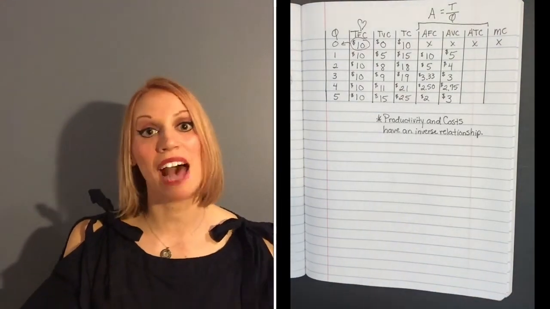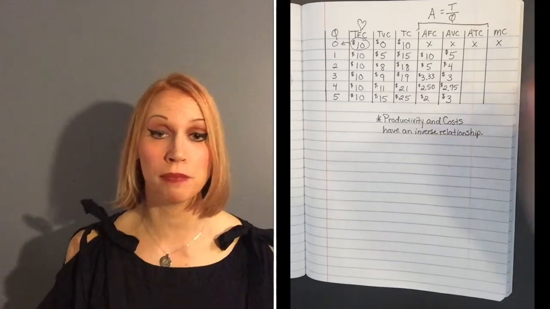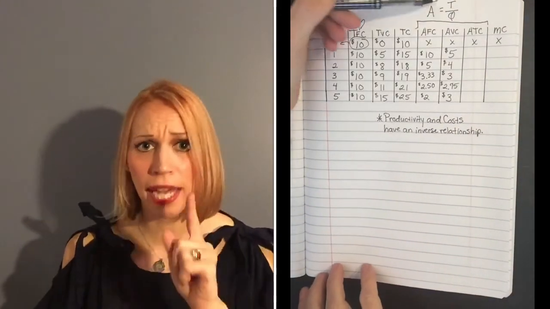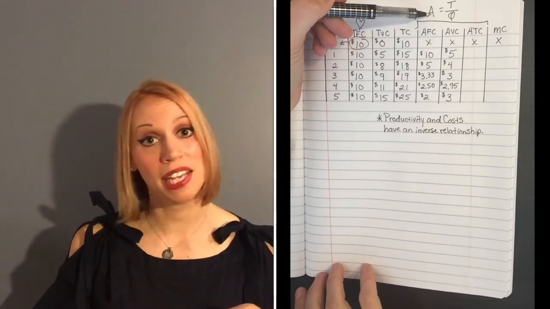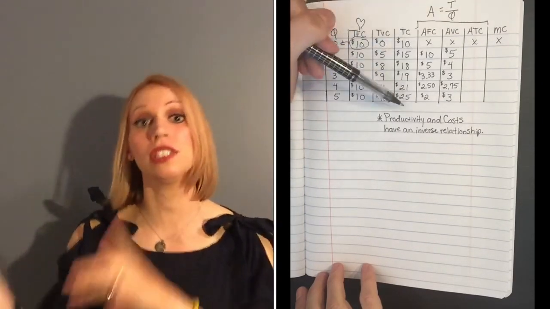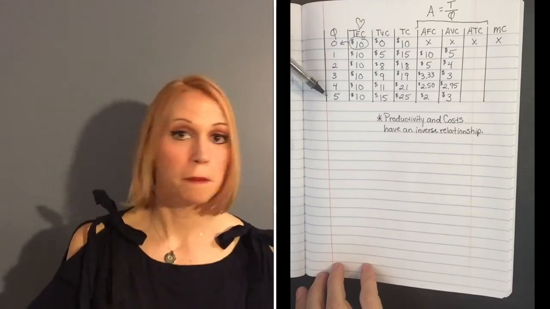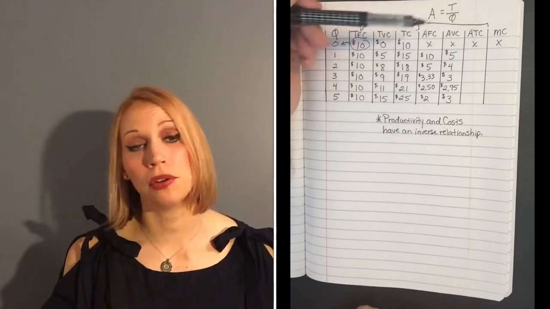Finally, let's look at average total cost. There are 2 ways you can find average total cost depending on your mathematical preferences. If you like this pattern and you're in a groove with it, then just stick with it, right? Any average is total divided by quantity, so ATC is just TC divided by Q. Cool, but maybe you prefer to add. Remember that average total is your average fixed plus your average variable.